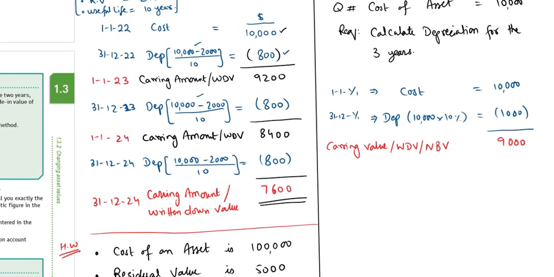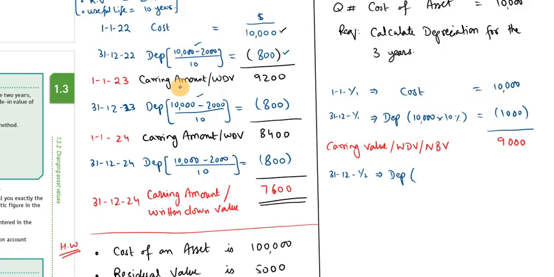Now we will calculate the depreciation of year two, at 31st December year two, the end of year two. In the reducing balance method, we have to calculate depreciation on the carrying amount, not on the cost of the asset.